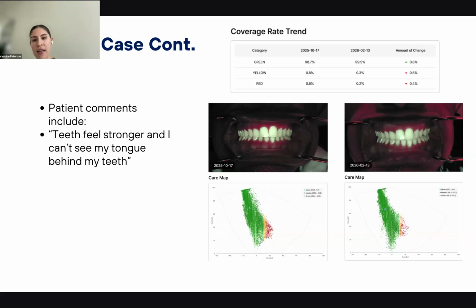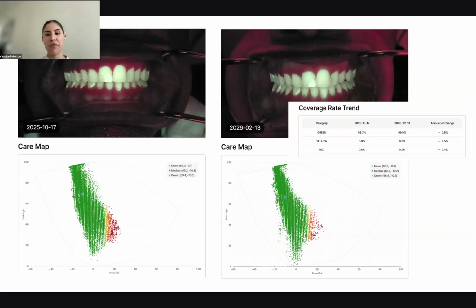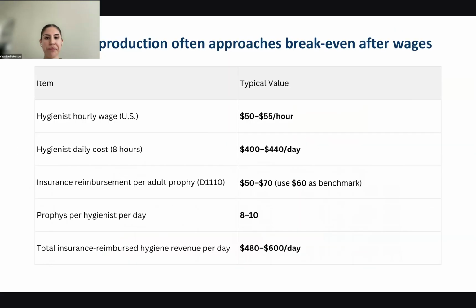The red and the yellow have gone down by 0.4 and 0.5%, meaning the red is becoming less. So now there is more high quality tooth structure. And this is just the same thing, but a bigger picture.